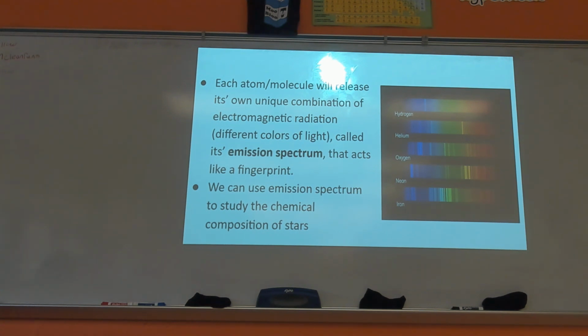Well, what they do is they have telescopes that can receive that electromagnetic radiation, that color of light, and analyze it and see, okay, if we got this and this color of light from this star, it must have oxygen in its atmosphere. If we got different colors of light coming in, that lines up with neon. So that's how they can get an idea of the different gases that make up the stars. Which I think is kind of neat.